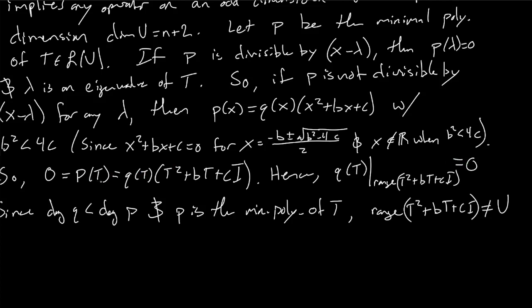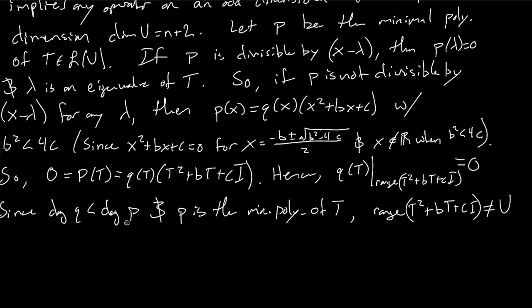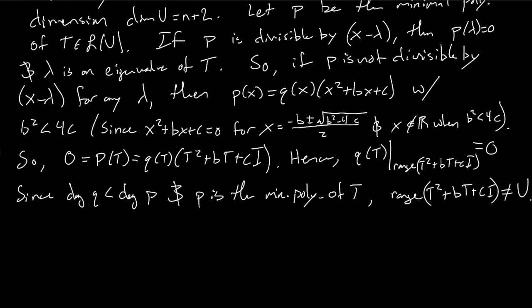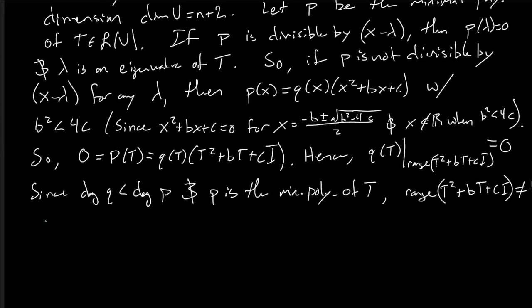If that was the case, then I would have something of degree smaller than the minimal degree, and I would get out 0 when I plug in T. So it's a contradiction to the minimality of the minimal polynomial. Okay, so it can't be everything. All right.